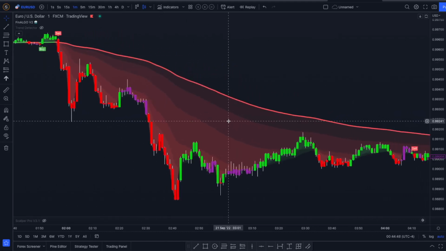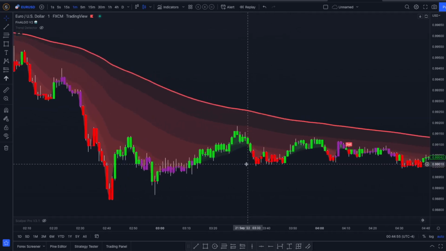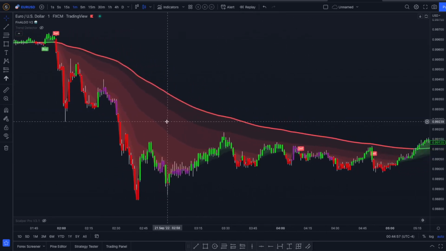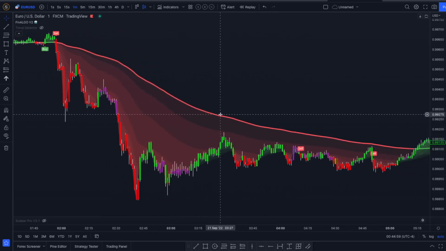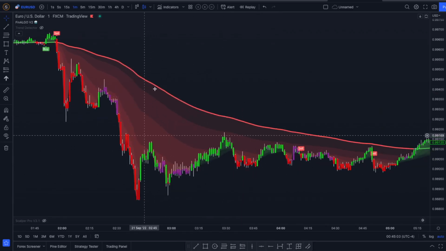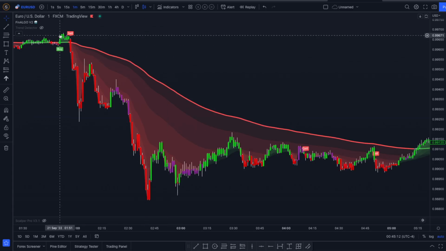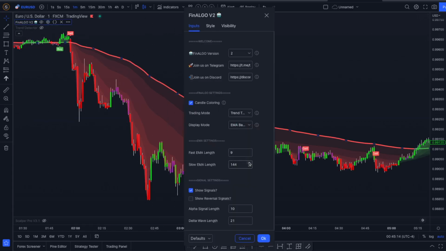And the very interactive and dynamic candle coloring based on the SCALPER Pro is going to help you lots with that too. So we can tell that after a while we're certainly going to come back to our baseline, and the question now is, how big is that distance from here to here? Are we overextended? Is there still some room to move away from our baseline? That's the whole idea behind this display mode.